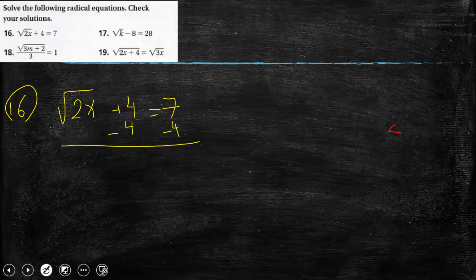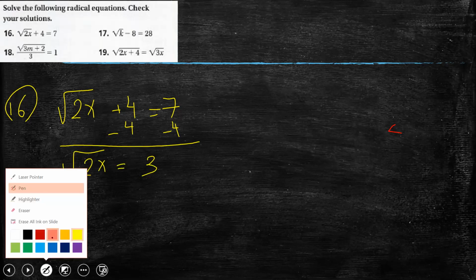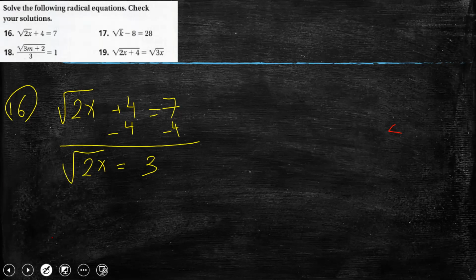So square root of 2x is 3. Then how can I cancel the square root? By squaring. Bravo, you have to square both sides. The square cancels the square root. So I have 2x equals 3 squared, which is 9.